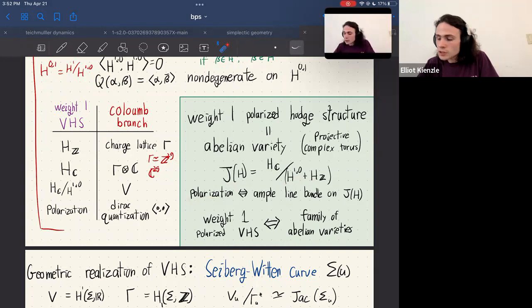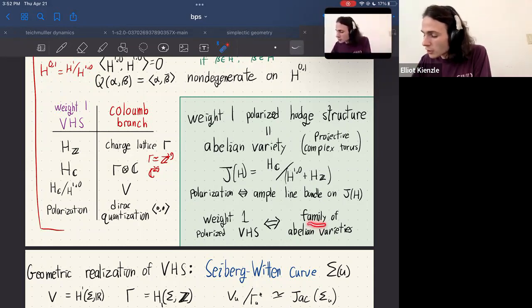Because in this interpretation, the polarization gives you a polarization on this complex torus, which you can think of as an integer valued second cohomology class that corresponds to an ample line bundle, and that gives you a way to projectivize this torus and map it into projective space. And once you do that, it becomes a variety. So polarized abelian varieties are stuff people like.